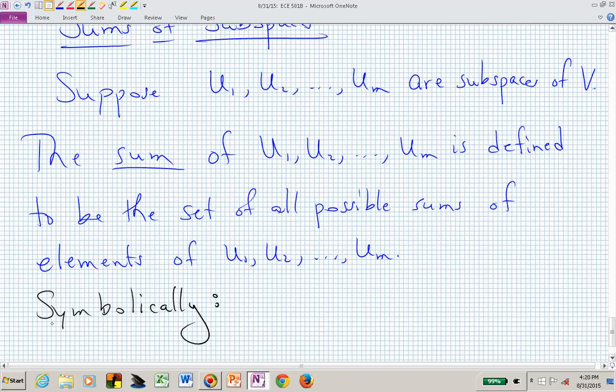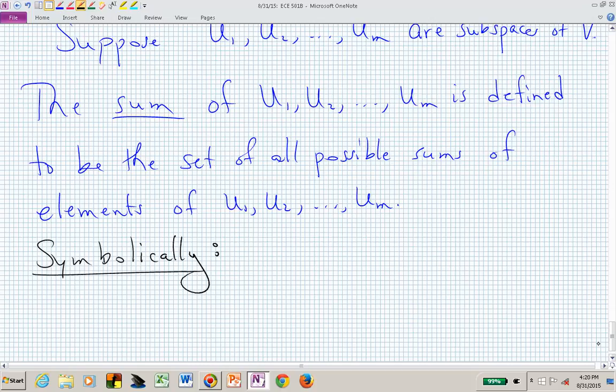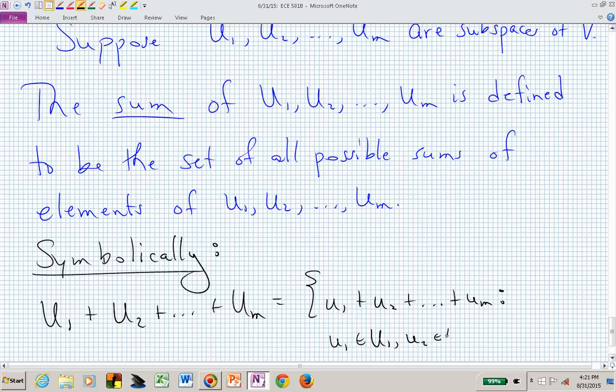Symbolically, what that's saying is if we want U1 plus U2 plus all the way up to U sub m, that's the same as saying we have U1 as a vector in U1, etc. That's what we mean by the sum of these M subspaces.